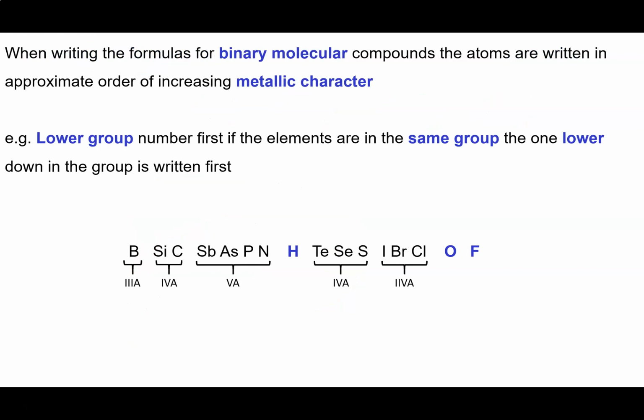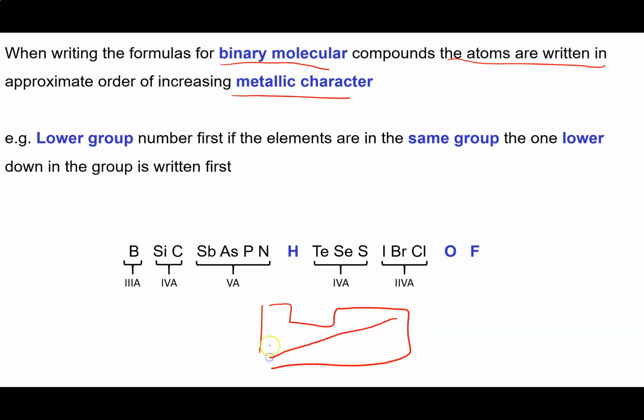So when you write the formula for a binary molecular compound, the general rule of thumb, but people break this all the time, is that the atoms are written in approximate order of increasing metallic character. And if you recall, the metallic character increases from the top right of the periodic table down to the bottom left of the periodic table.